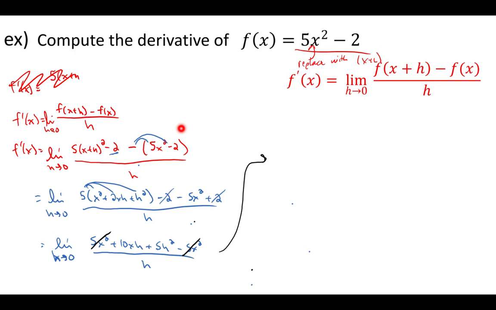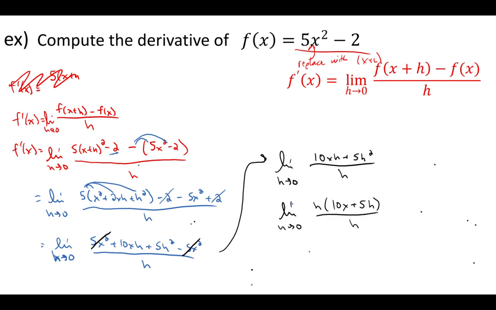So we're left with just the limit as h goes to 0 of 10xh plus 5h squared over h. This is good because then we can factor out an h. And we're left with 10x plus 5h over h.